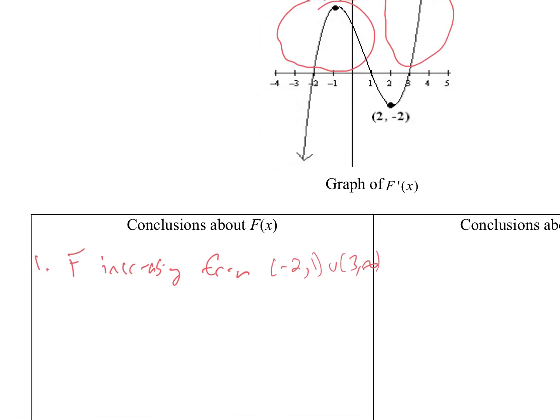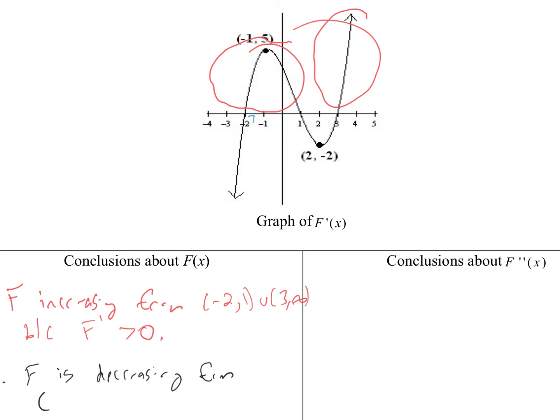F is increasing because f prime is greater than 0 in both of those places that I circled. We know f is decreasing from, decreasing would occur here and here.